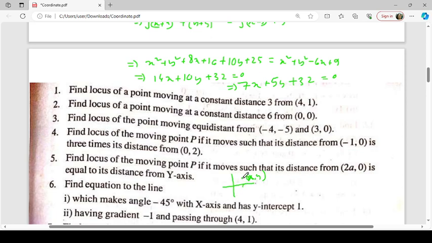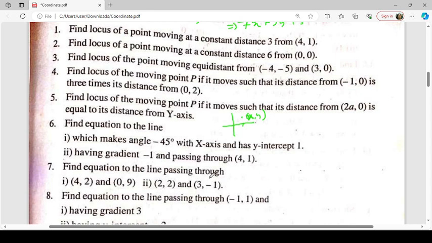So the distance of the point from the x-axis is y, and the distance of the point from the y-axis is x. So P is the moving point, then its distance from the y-axis is x. So we need to write the distance between P and A is equal to x.